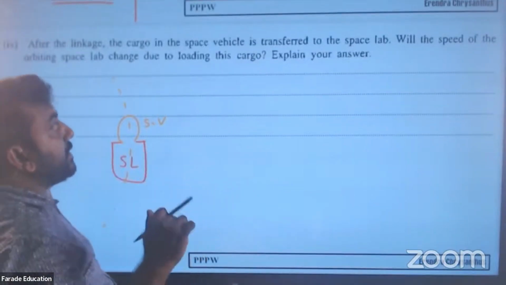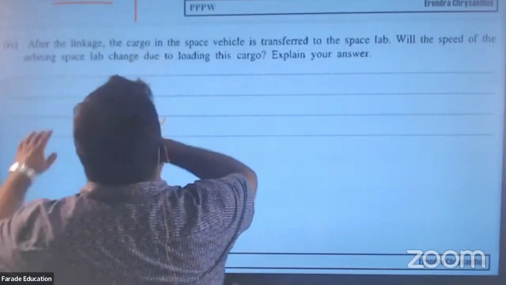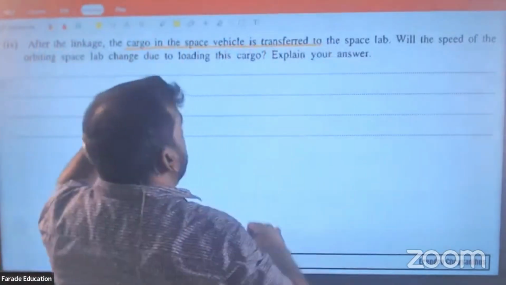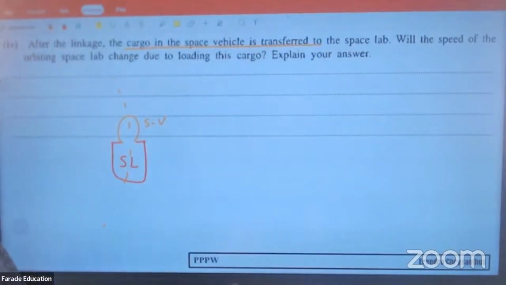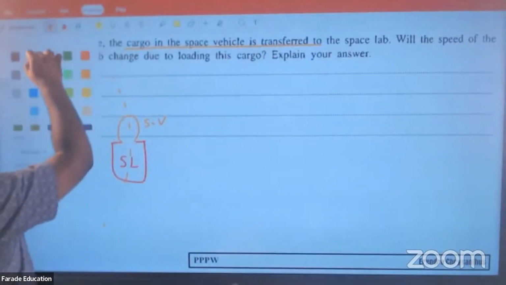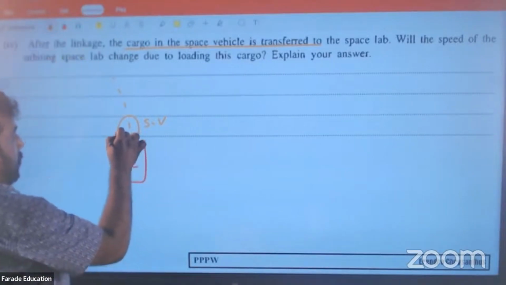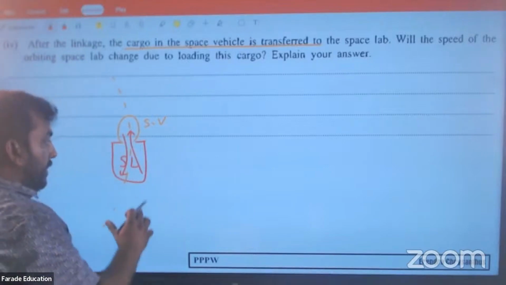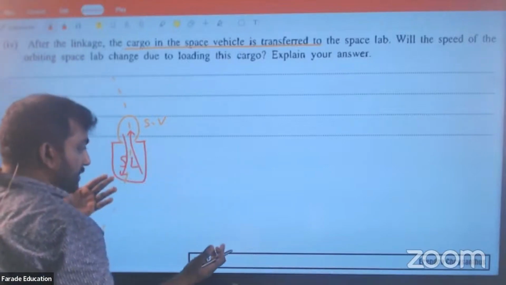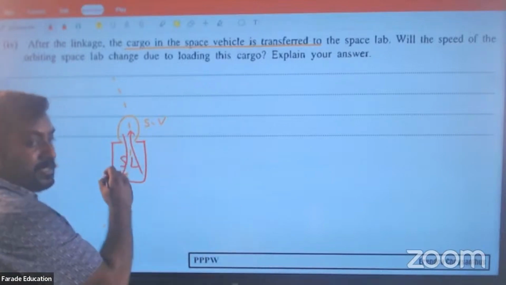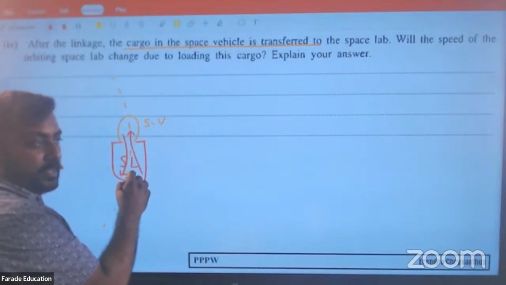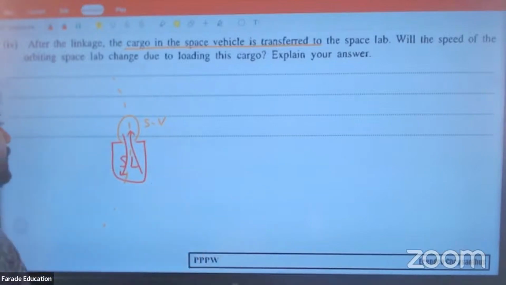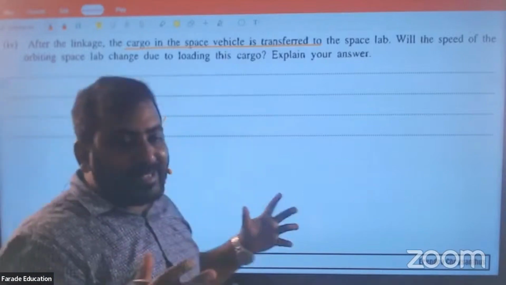But that's not what they're asking. After the cargo in the space vehicle is transferred to the space lab, will the speed change? Cargo from here is going in there. Will the velocity change? The answer is no. Why? It's an internal process, something happening inside.